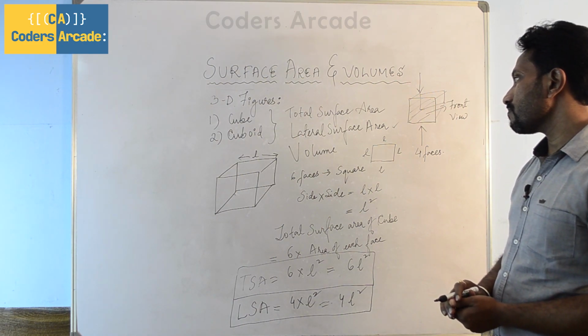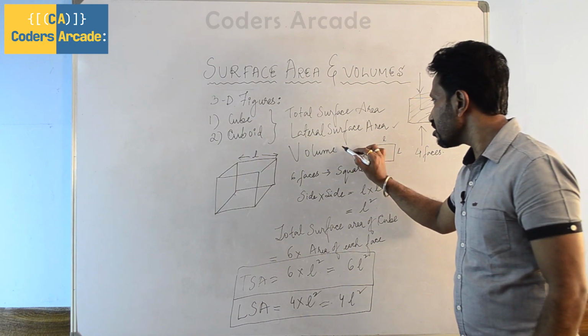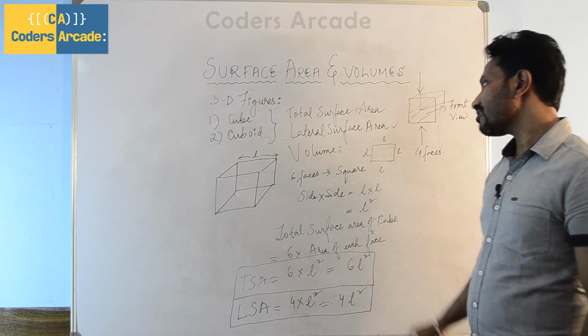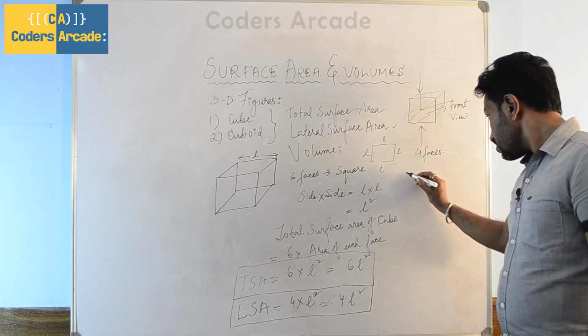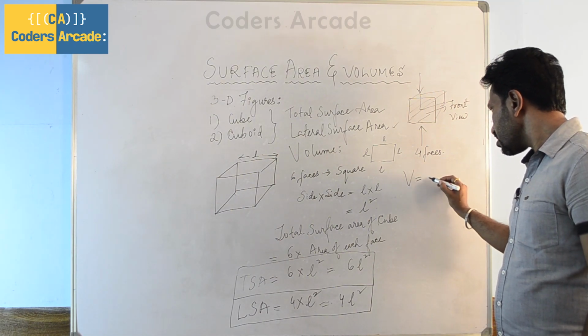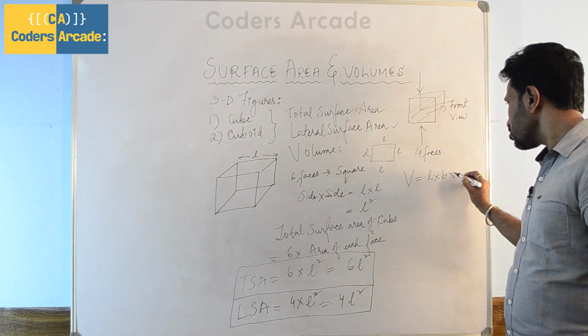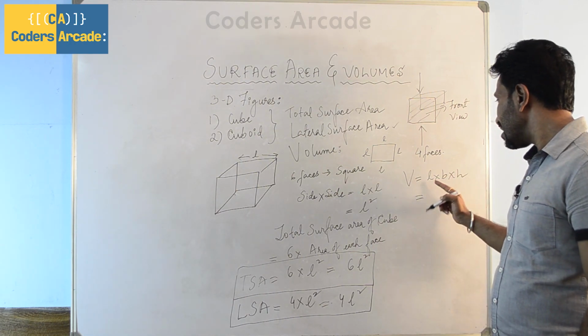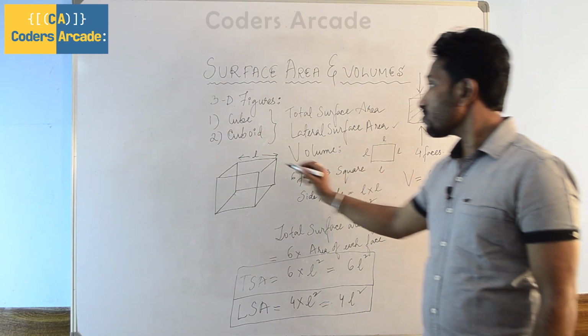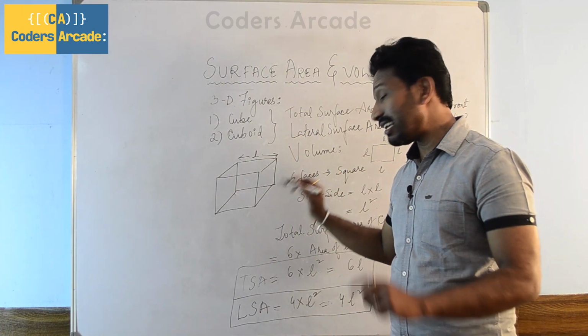Finally, we have volume. In case of volume, it is like this. V is equal to length into breadth into height. But in our case, length, breadth and height of the cube are equal.